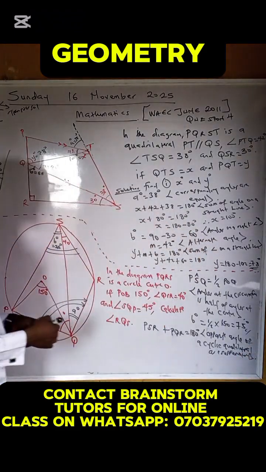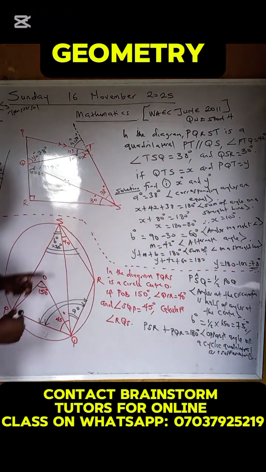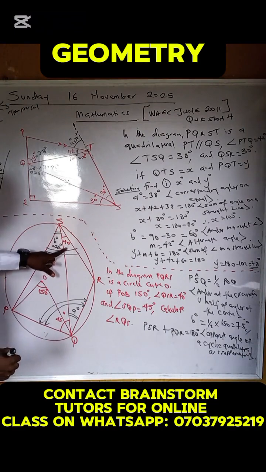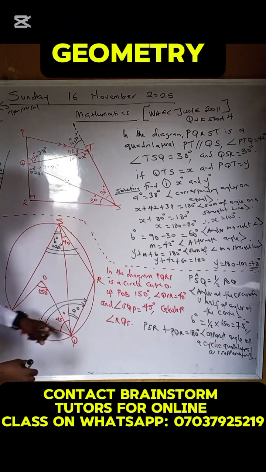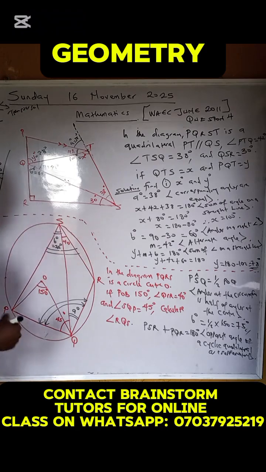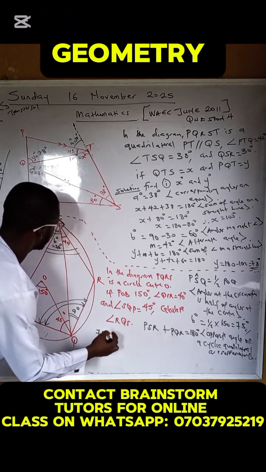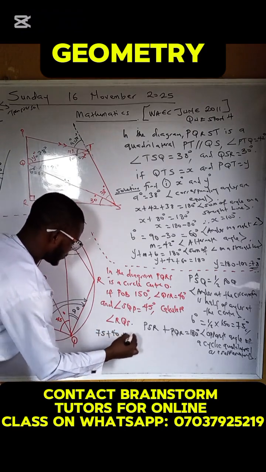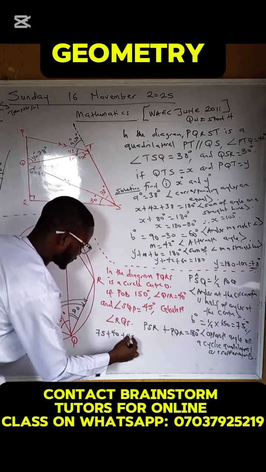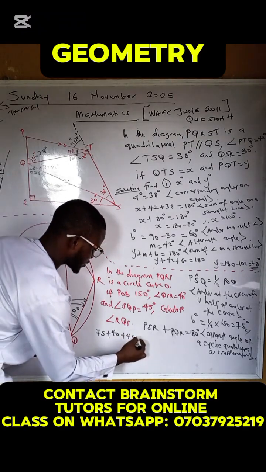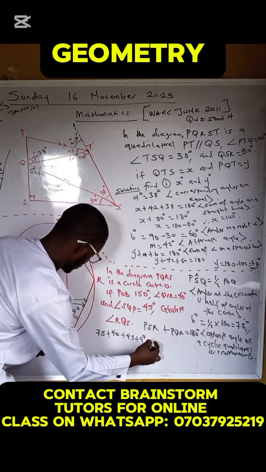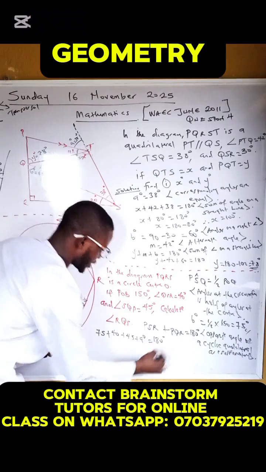So we are going to have 75 plus 40 plus 45, remember, plus a degree equals 180 degrees. Are you with me?